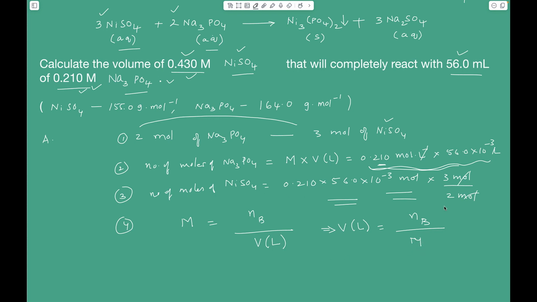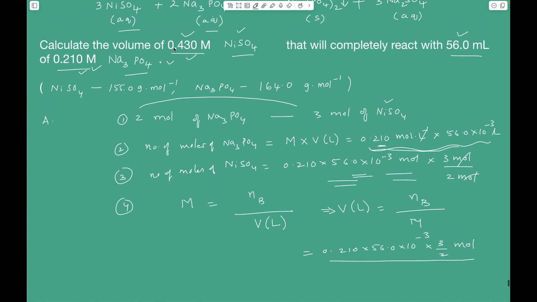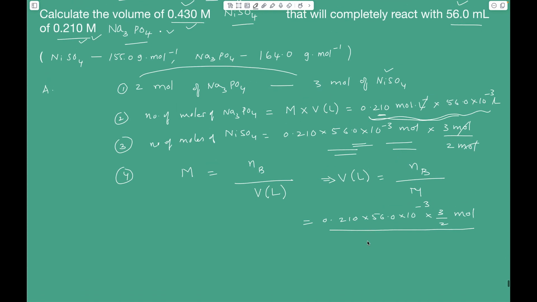The number of moles of nickel sulfate is here. It is 0.210 times 56.0 times 10 to the power of minus 3 times 3 over 2 mole over the molarity of the solution, which is 0.430 mole per liter.